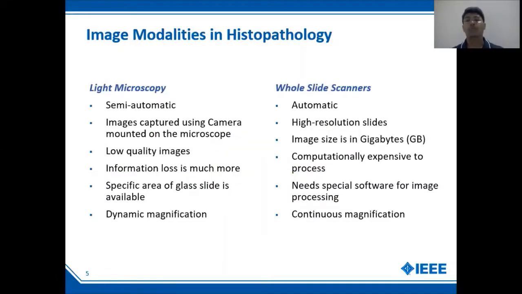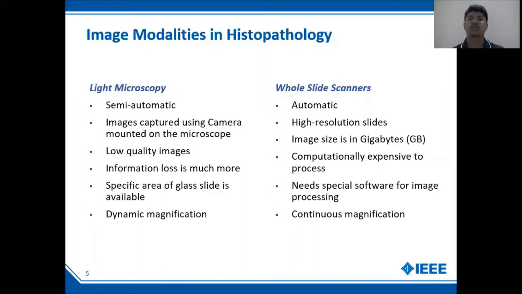When talking about digital pathology, we mainly have two modalities which give us digital images. First is light microscopy or photomicroscopy. Light microscopy attached with a camera is responsible for capturing snapshots, while we have whole slide scanners, which are an emerging technology.